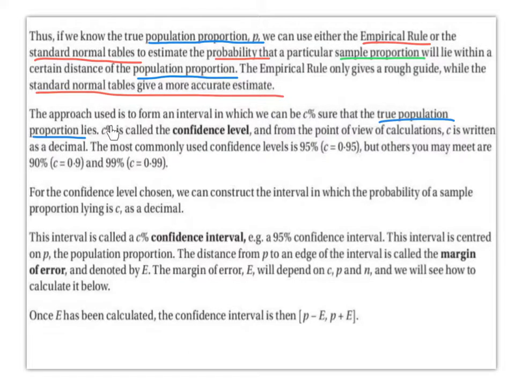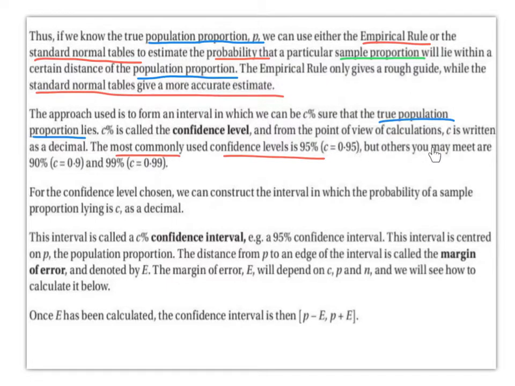C% is called a confidence level. And from the point of view of calculations, C is written as a decimal. The most commonly used confidence level is 95%, so C is equal to 0.95. For example, I may say that I am 95% confident that the true population proportion lies between 5 and 15%, and so on.